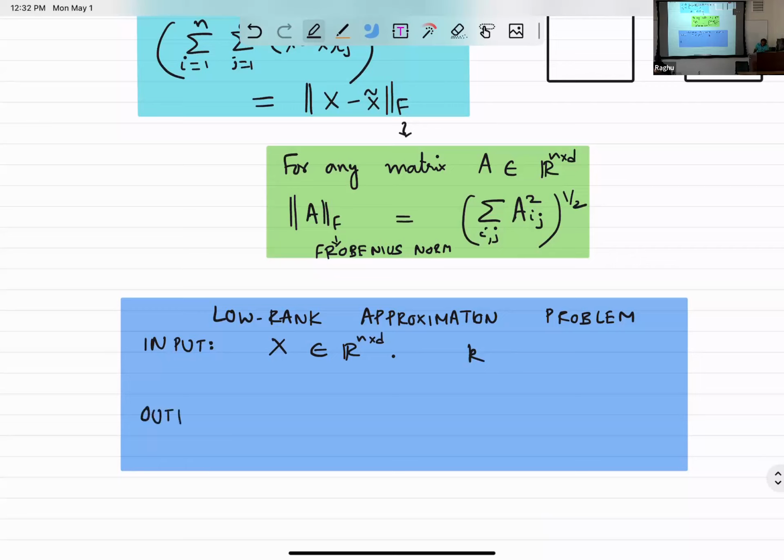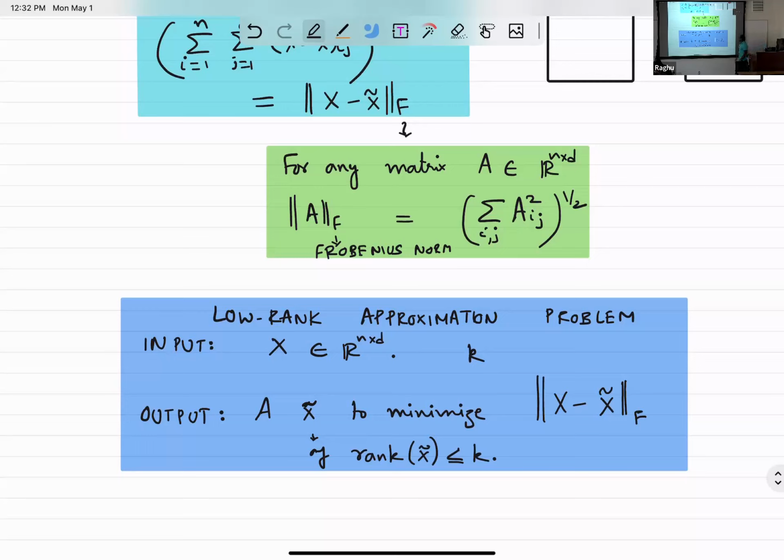Your goal is to compute this X tilde to minimize the error, and you want the X tilde of rank at most K. Among all matrices X tilde of rank at most K, find me one which minimizes the root mean squared error, or the Frobenius norm error from X. Any questions?